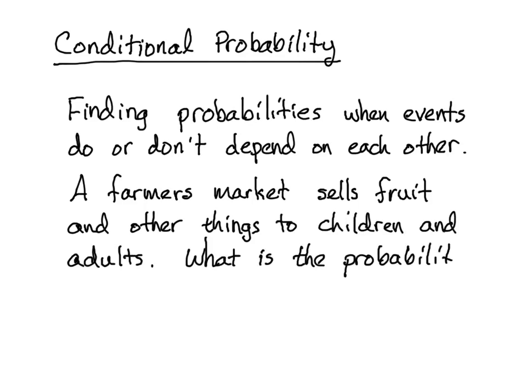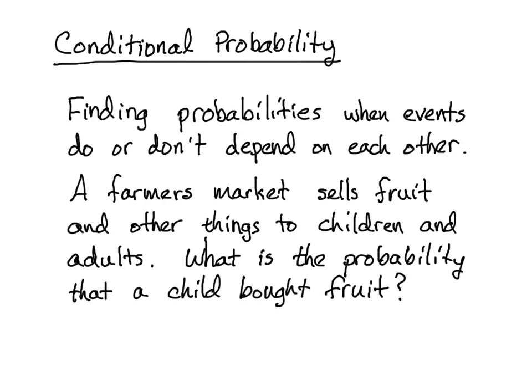What is the probability that a child bought fruit? Okay, so let's make up a table that shows some data here. Oh, and before we show the table, the way we're going to notate this is the probability of F, so buying fruit, given that it's a child.